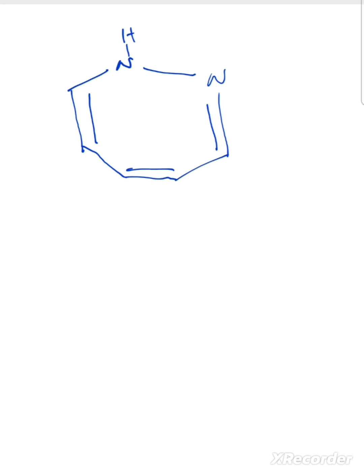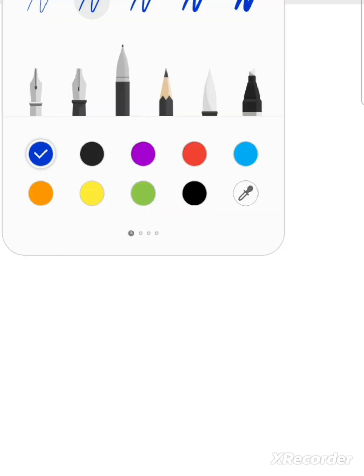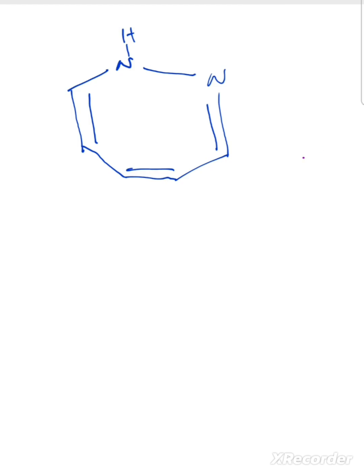When you look at that, you find it has the double bonds on positions 2, 3, 4, 5, and 6, 7. When you start counting the positions, you start from the nitrogen that is pyrrole-like, with a hydrogen.